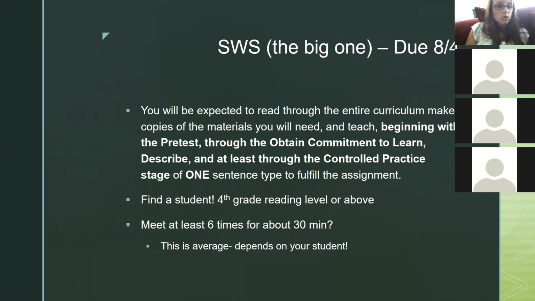So there are 4 different types of sentences, and that's something that can be based on, I'm looking at my own SWS manual right now. This is something that can be based on the way that you evaluate your student in the pre-test and the level of performance that you feel they stand at.